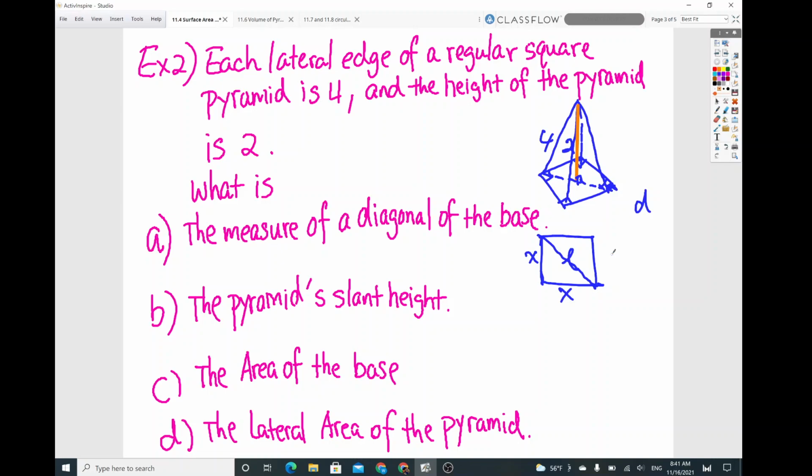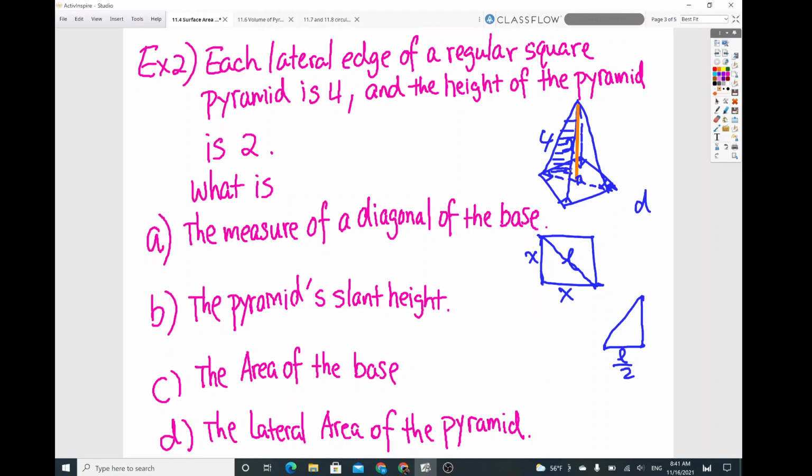Another thing we can figure out here is using this triangle, the cross-section. The one that's bounded by the lateral edge, the height, and half of the diagonal. This one will be half of the diagonal, so let's say this one is L over 2.